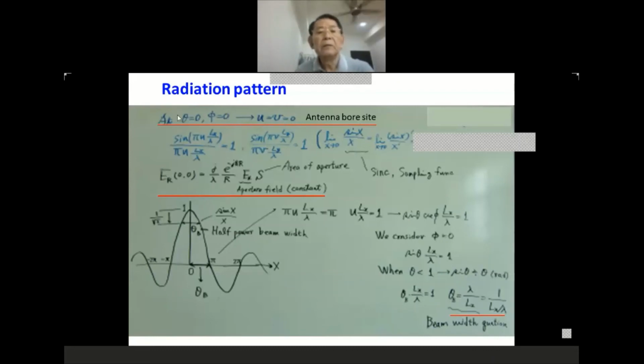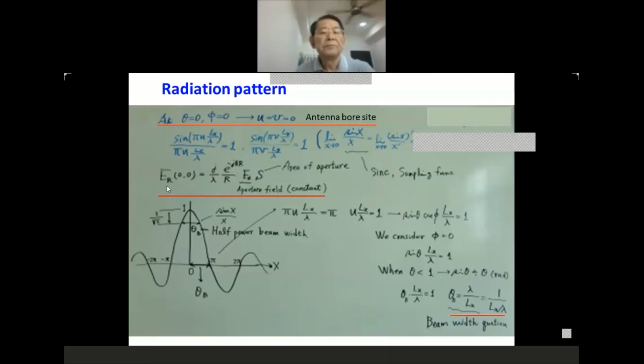And this is only at this point. At this point, this sinc function becomes 1, and this one, y, becomes 1.